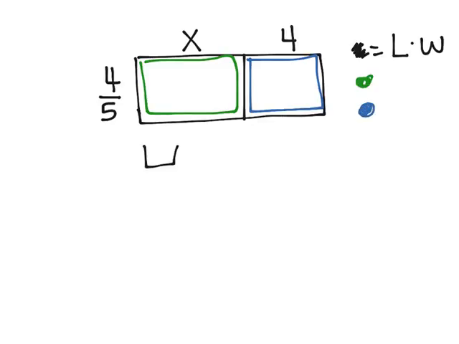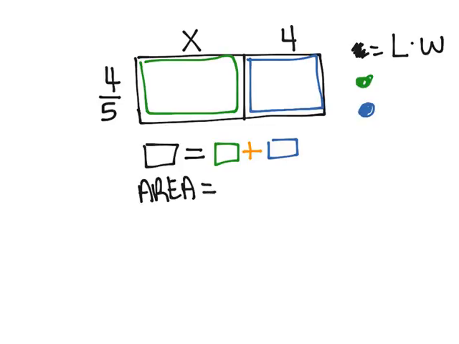Since the black rectangle is made up of the green rectangle plus the blue rectangle, then we know that the area of the black rectangle has to be equal to the area of the green rectangle plus the area of the blue rectangle.